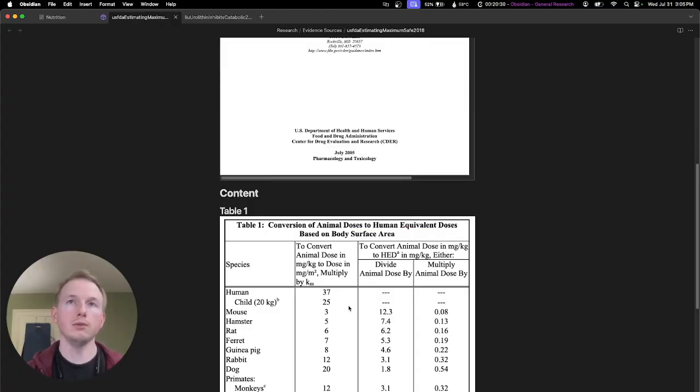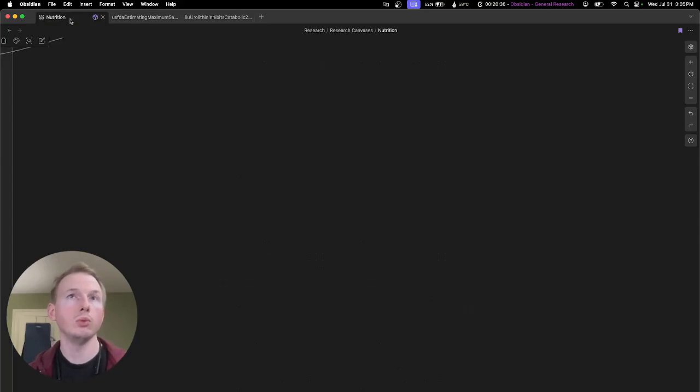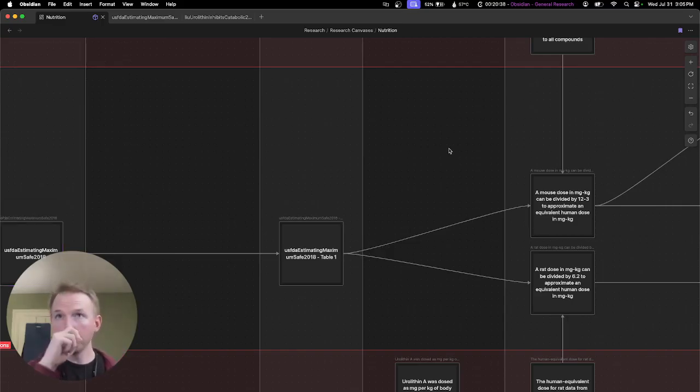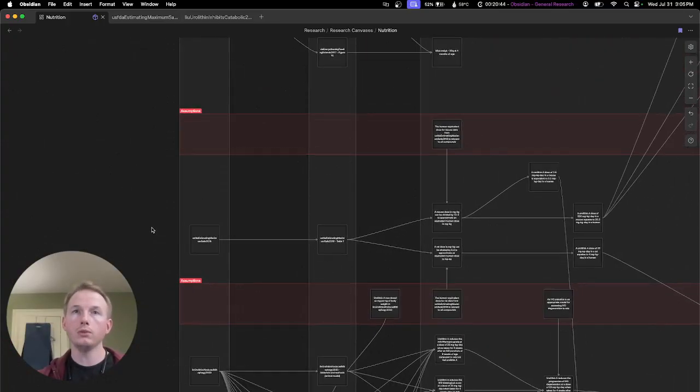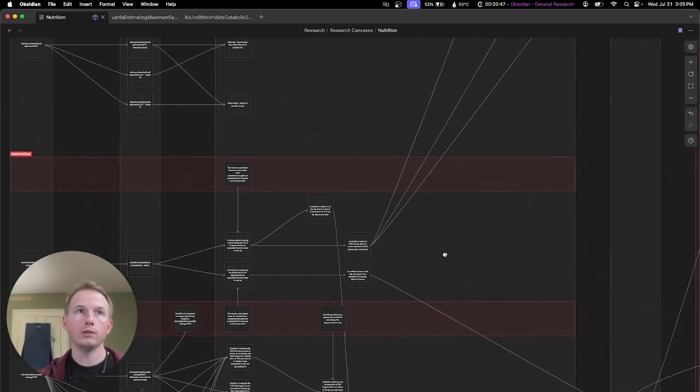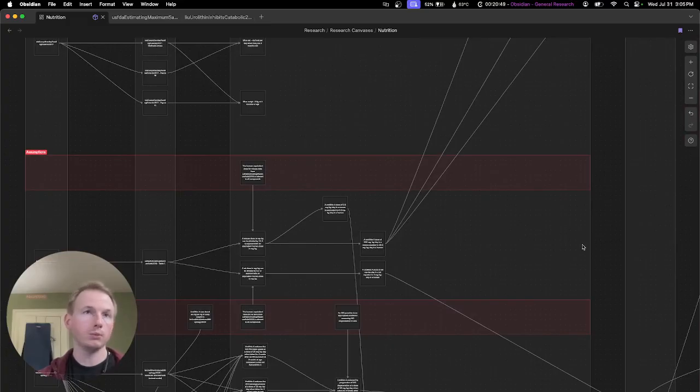But it does give some multiplication or division factors to use with animal dosing. So a lot of these studies are in mice and rats, so that comes in really handy when trying to determine, or estimate, what an equivalent human dose of something would be.